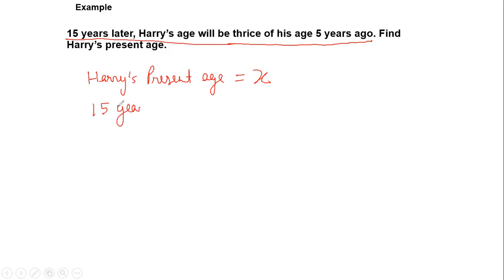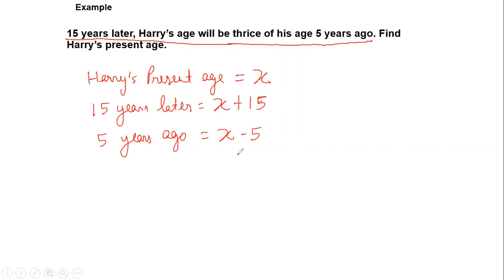Now common sense, guys. If I'm talking about 15 years later, Harry's age will actually be X plus 15. And similarly, if I say 5 years ago, Harry's present age is X, so 5 years ago his age will be X minus 5.